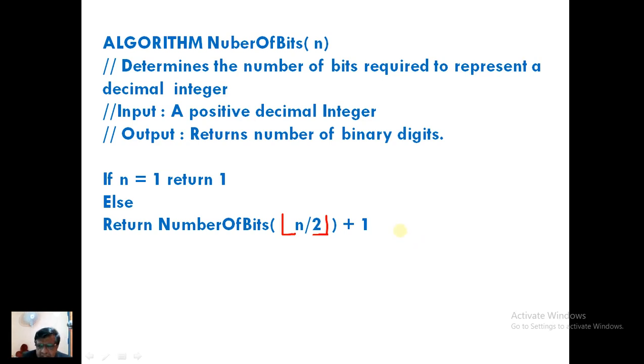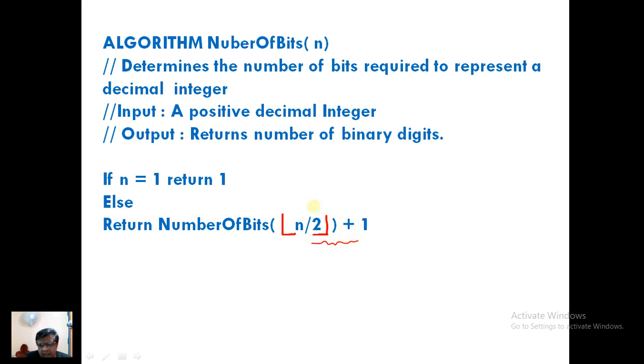That was the starting point for us, and this algorithm was very significant because it gave us the motivation for writing recursive algorithms, because we could not count the number of basic operations there, since every time the input is getting halved. We said: if n equal to 1, return 1, else return number of bits equal to floor of n by 2 plus 1. So this count is getting added over here only.